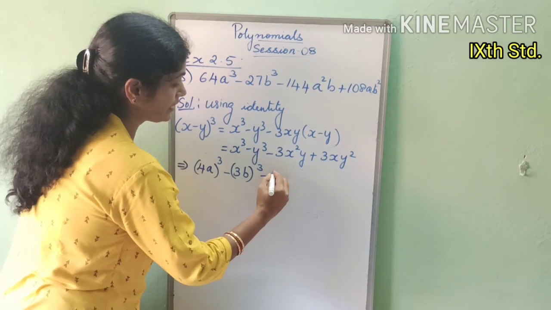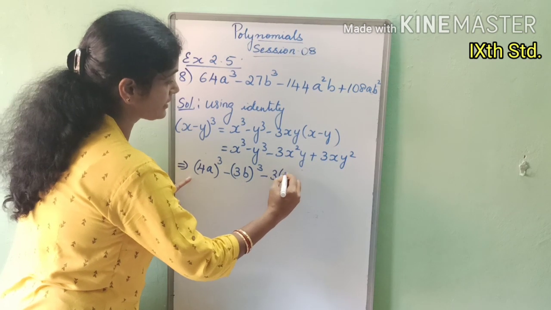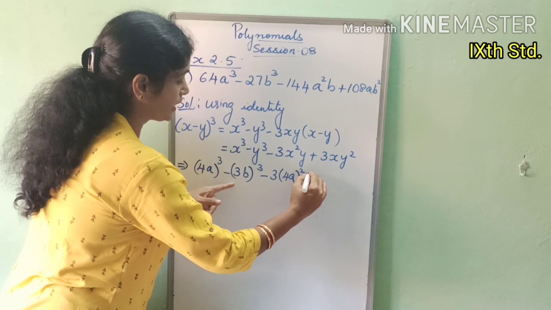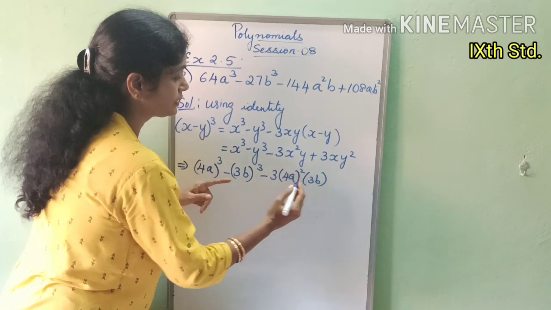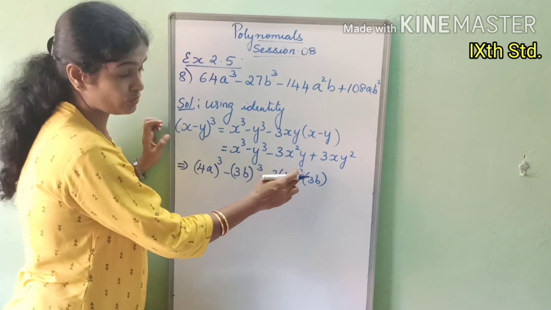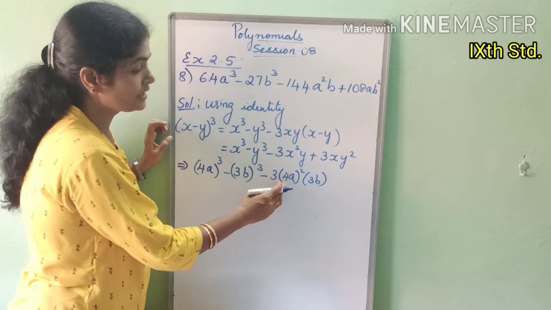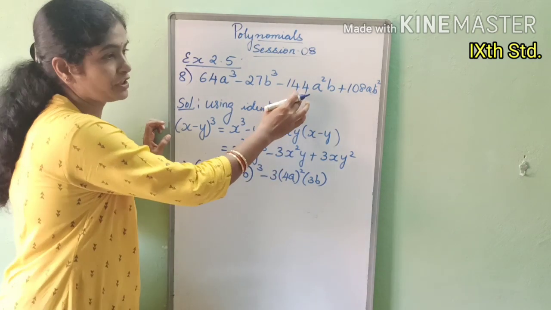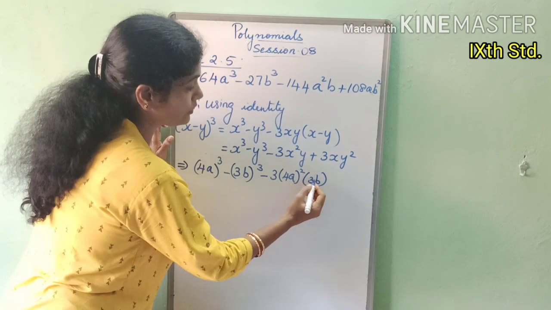Now minus 3 into x square. x square is (4a) whole square into y. y is 3b, right? If you see here, 4 square is how much? 4 square is 16. 16 into 9 gives you here 144 a square b.